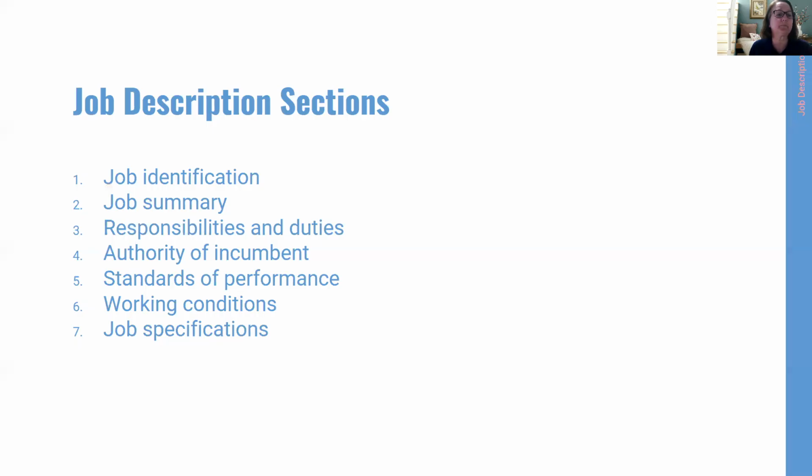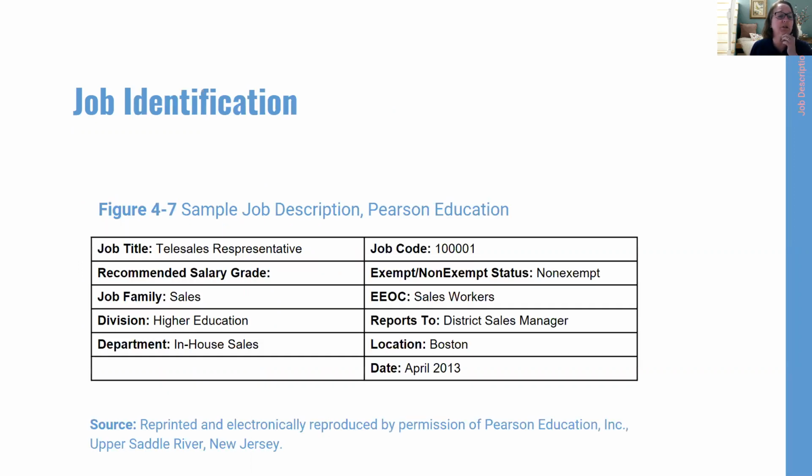And so a job description is a written statement of what a worker would actually do. And it would include the job identification, a summary of the job, the responsibilities and duties, the authority of that person, the standards of performance, the working conditions, and job specifications. So a lot of times it could be broken out into a table.